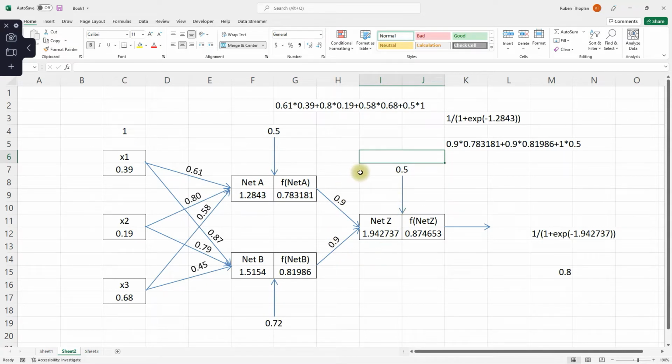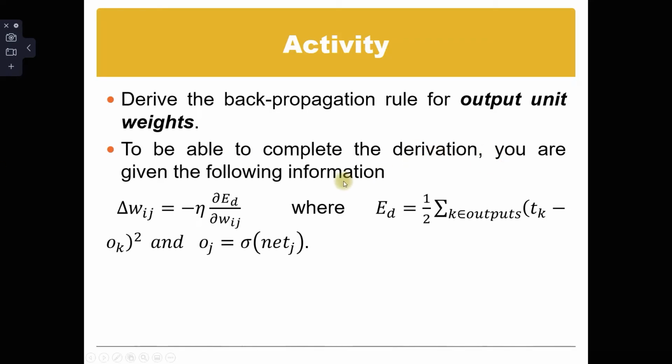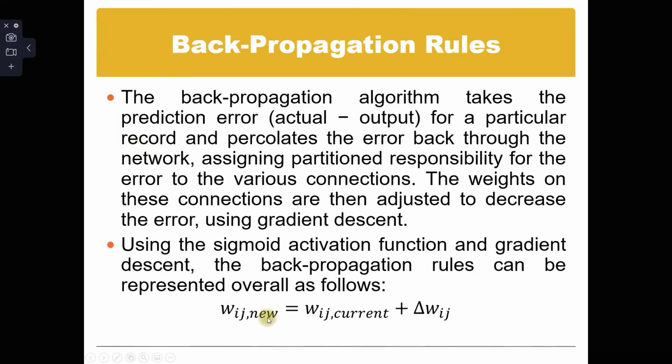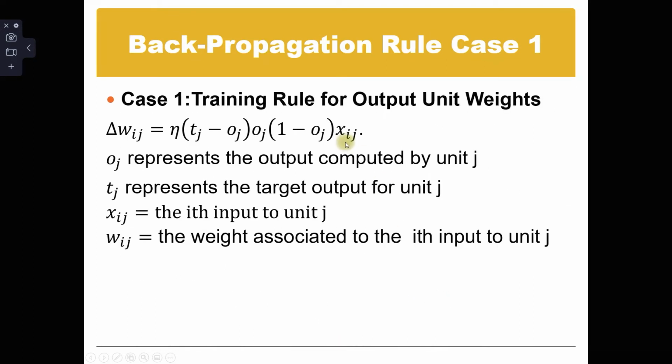The way that we update these weights, they are updated using this first rule that I just mentioned. So you will have your new weight, which will be the current weight, the 0.9, for example, or 0.5, plus a change in the weight, which is defined as this.